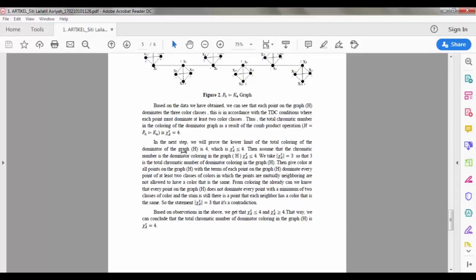In the next step, we will prove the lower bound of the total dominator chromatic number of graph H is 4.